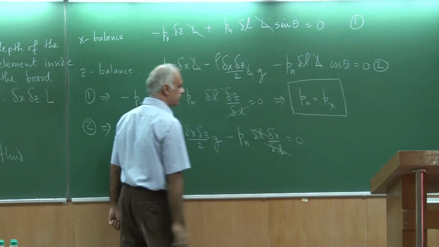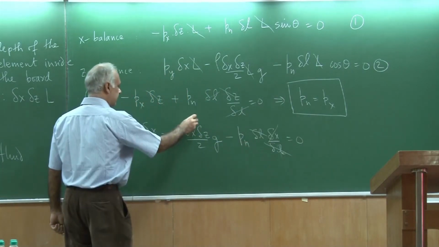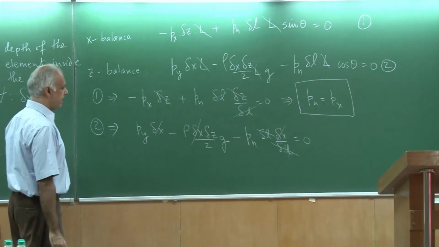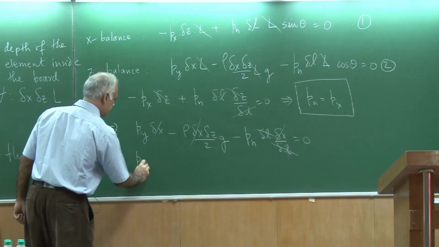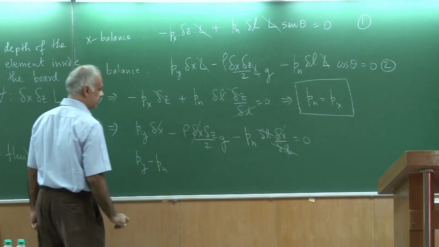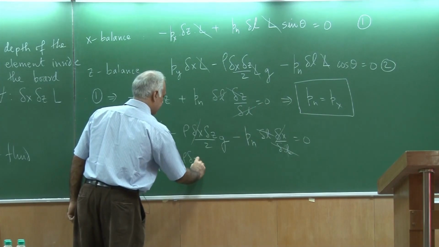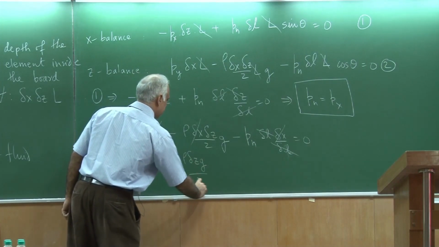So I could cancel out these delta L's. Similarly, I could cancel out the delta x here, here, here, and therefore I get Py minus Pn is equal to rho delta z g by 2.